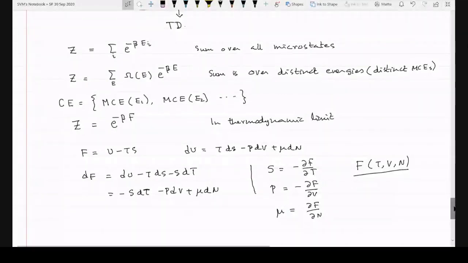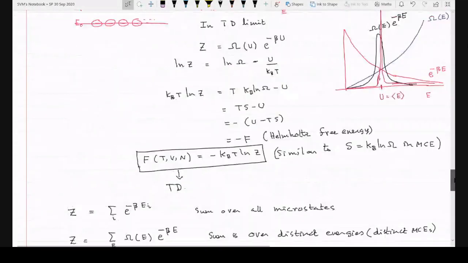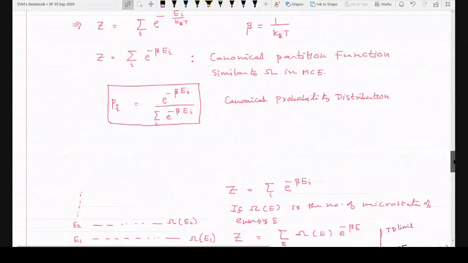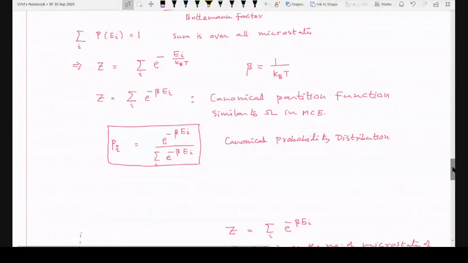So this is the kind of expression, and I wanted to also make one remark that the canonical ensemble is by far the most important ensemble of equilibrium statistical mechanics.